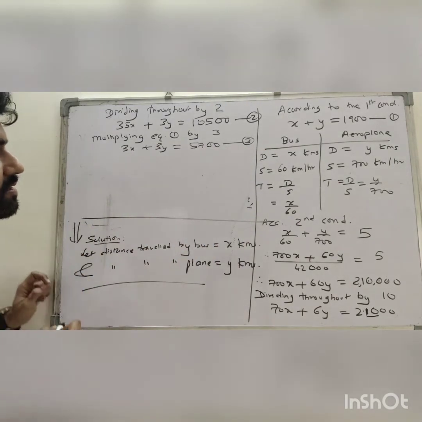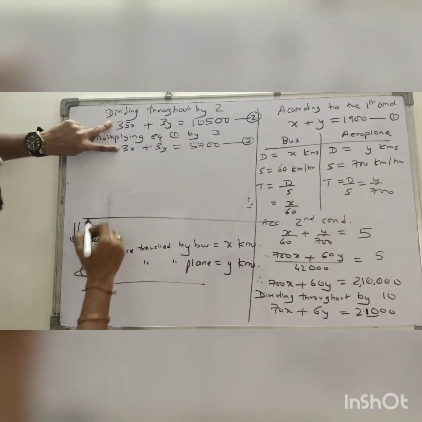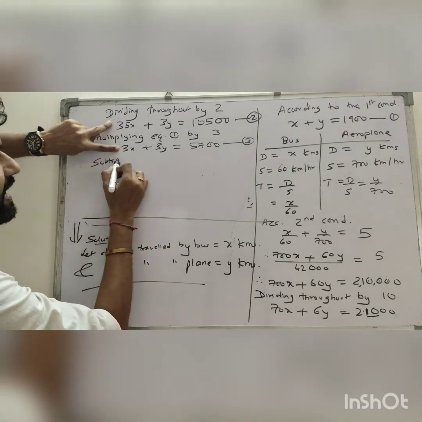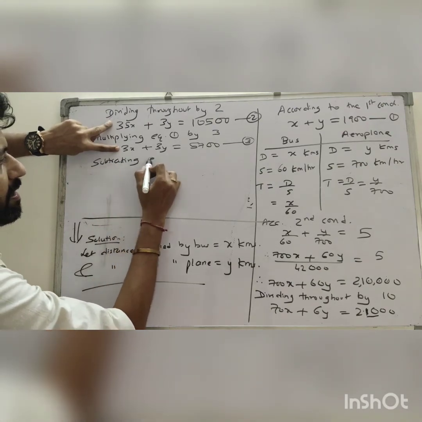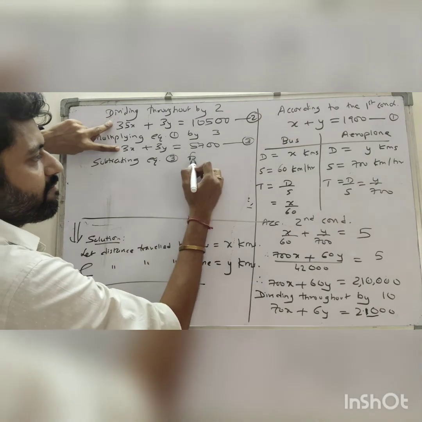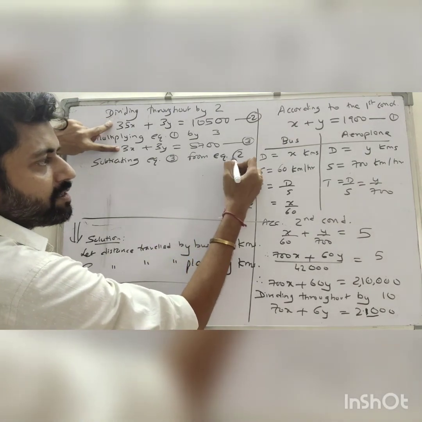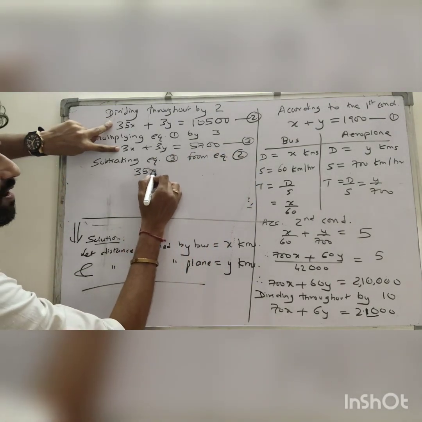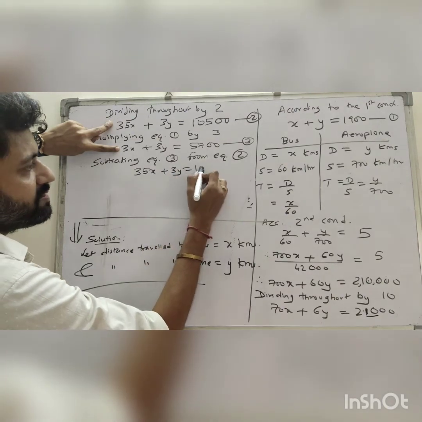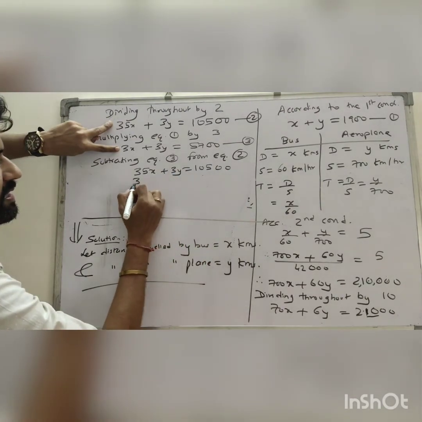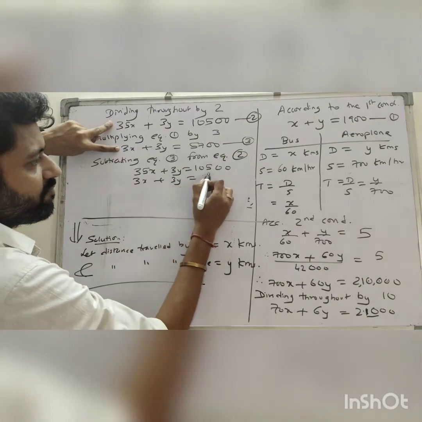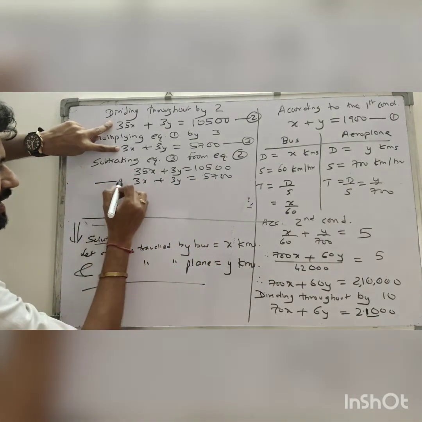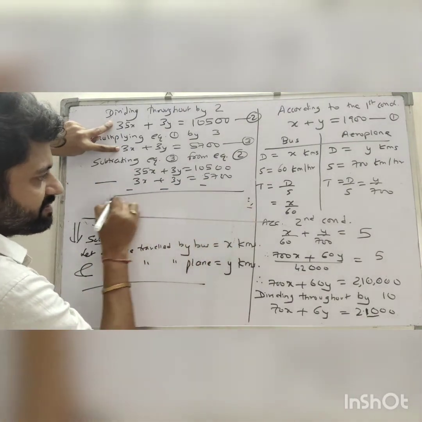This is the third equation. Now to cancel them, I will subtract equation number 3 from equation number 2. I get 35x plus 3y is equal to 10,500, and 3x plus 3y is equal to 5,700. Subtracting, I get plus under minus, plus under minus, plus under minus.